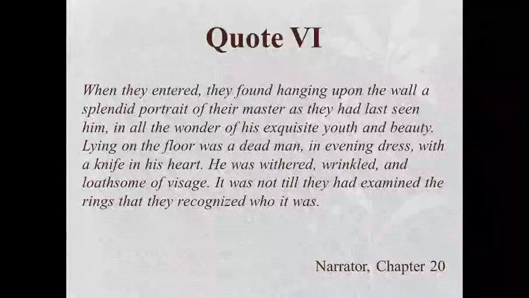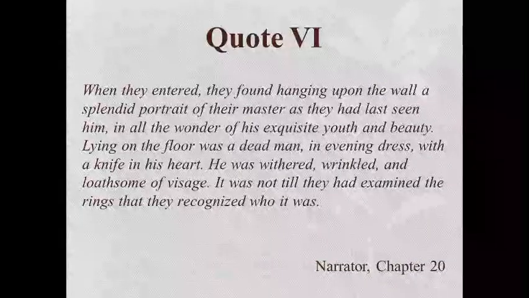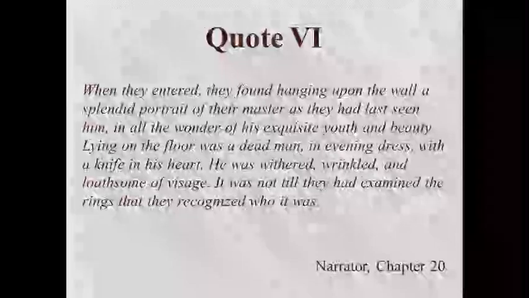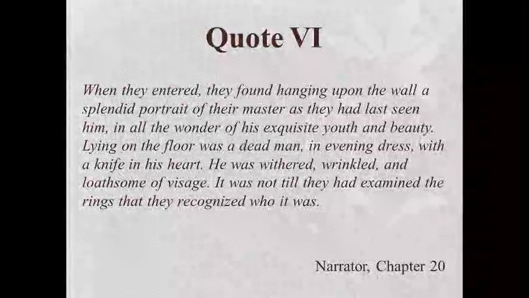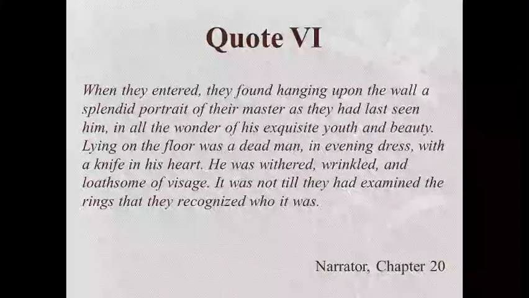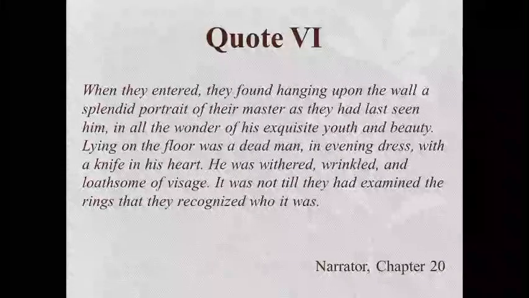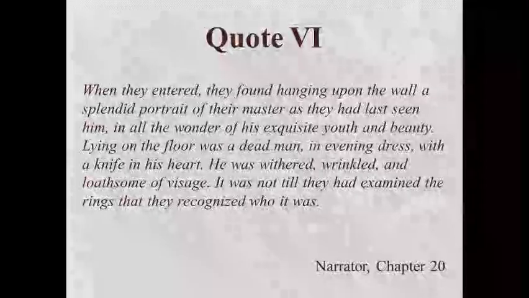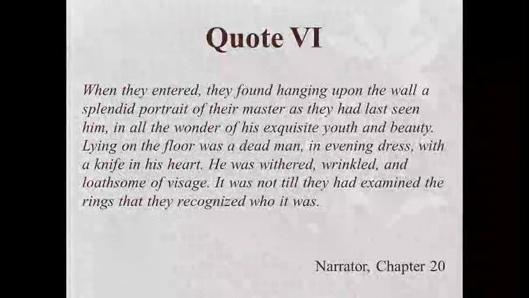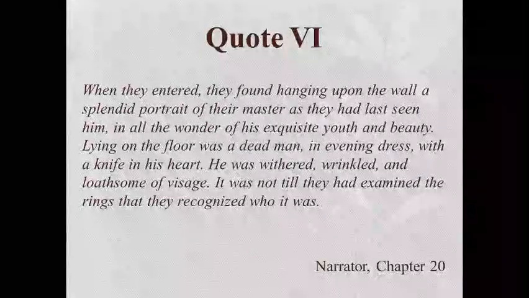However, the knife is in the dead man's heart, indicating the painting was his heart. This aligns with Dorian's comments from chapter 12 about keeping a diary of his life locked in a room. This painting was his diary, his heart and his inner self.